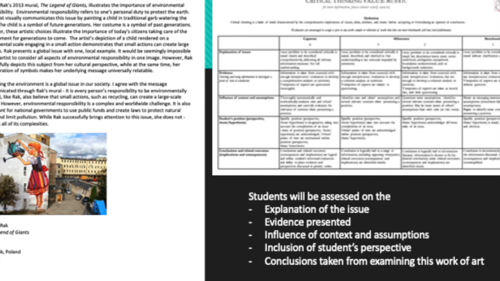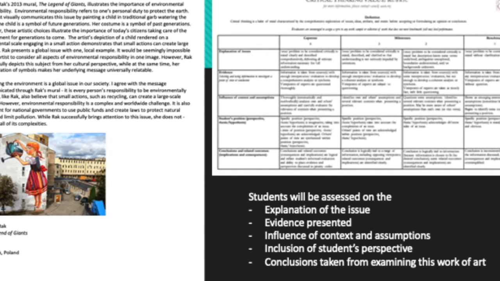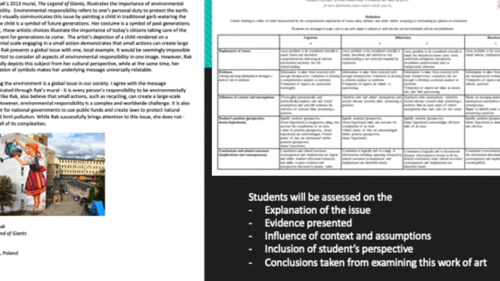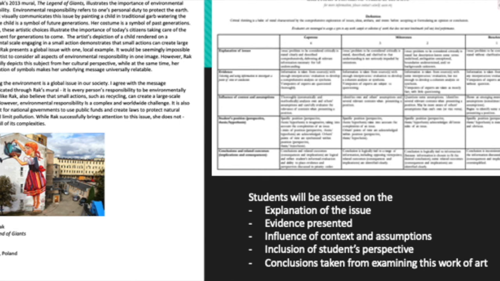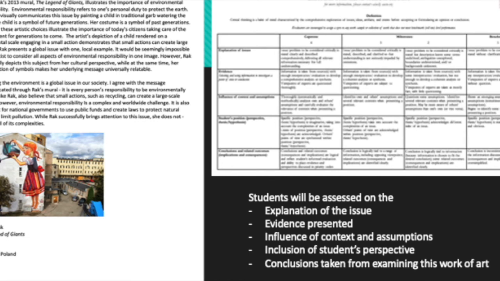So what information is presented in the artwork that leads you to believe that this artist is discussing this particular issue? In my case, it was a monumentally rendered child who is watering a plant, and it appears that a child is taking a small action to take care of the environment. And that is the evidence that drew me to conclude that this artwork is about environmental responsibility.